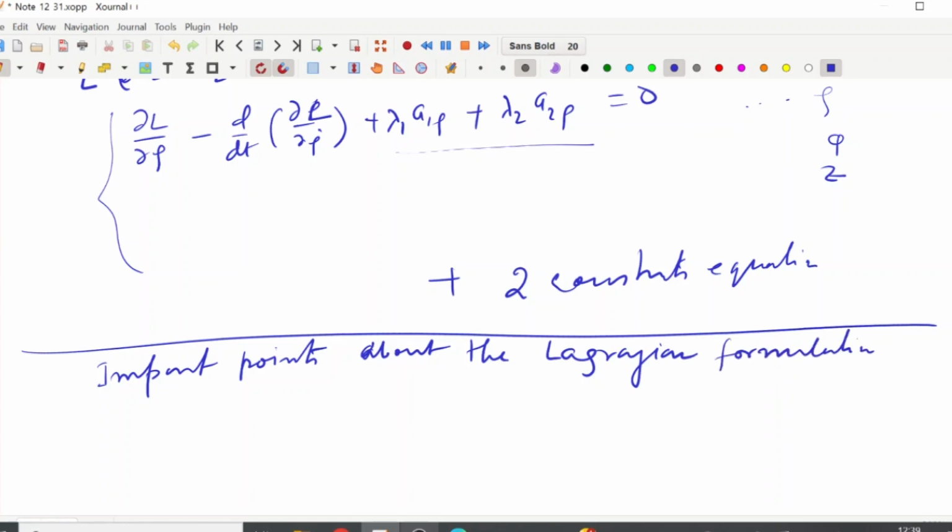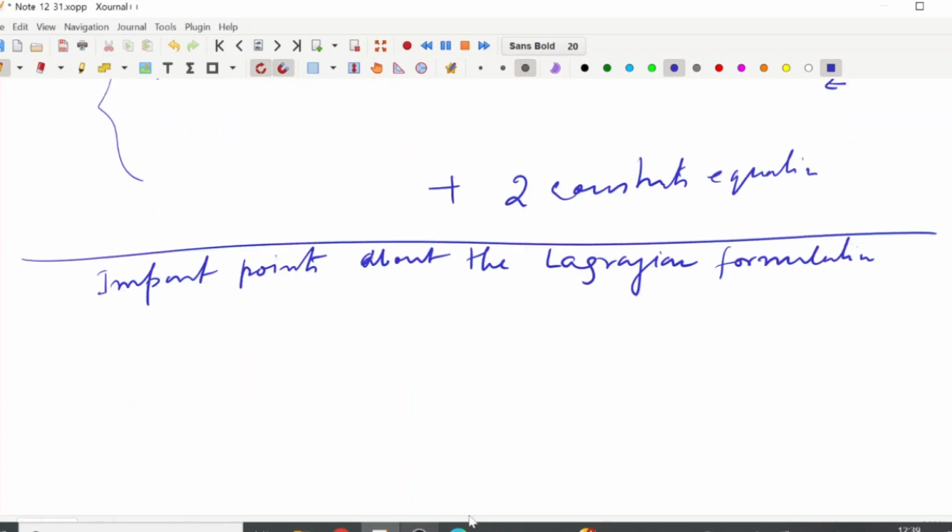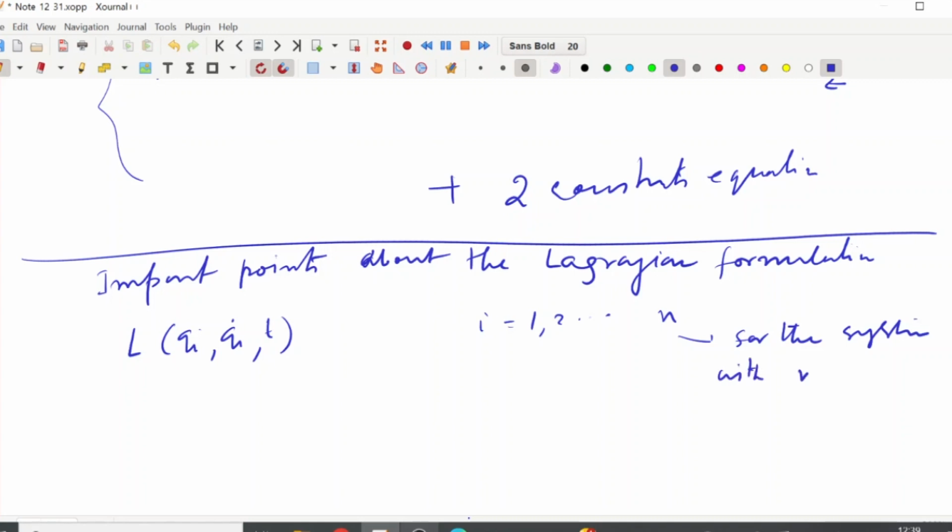Some important points, not all, but some of the points I will list down about the Lagrangian formulation. So, we know the Lagrangian was a function of qi, qi dot and time, for i equal to 1 to n, for a system with n degrees of freedom.